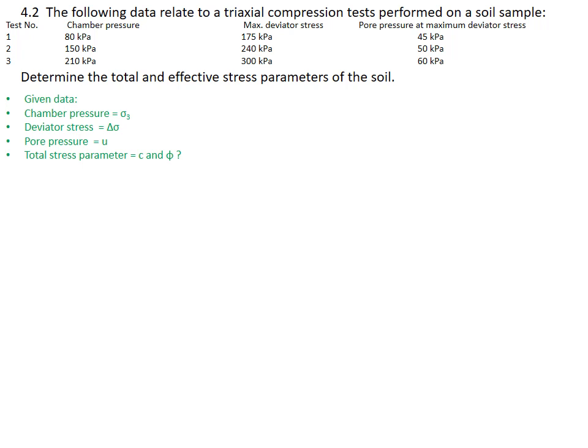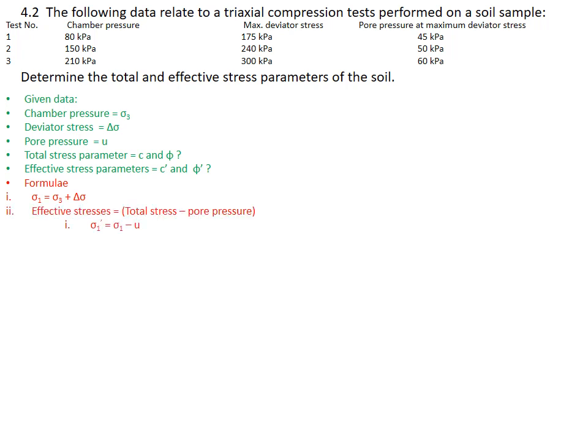We need to find c and phi, the total stress parameters, as well as the effective stress parameters c dash and phi dash. Formulae required here are: sigma 1, the major principal stress, is the summation of sigma 3 and delta sigma, and effective stress equals total stress minus pore pressure. So sigma 1 dash is sigma 1 minus u, and sigma 3 dash is sigma 3 minus u.